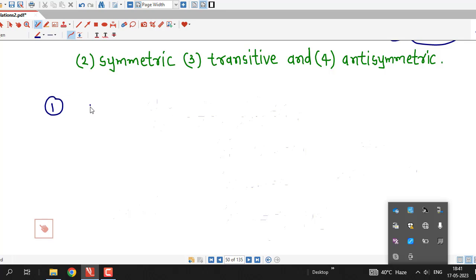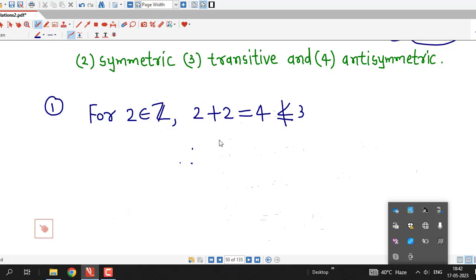So how to write this? We can simply write that for the integer 2, 2 belongs to Z, we can say that 2 plus 2 is equal to 4, which is not less than or equal to 3, or it is greater than 3.